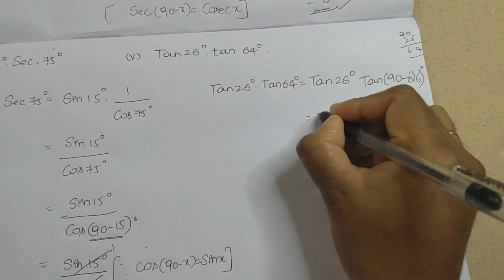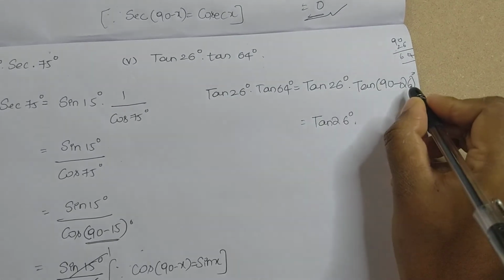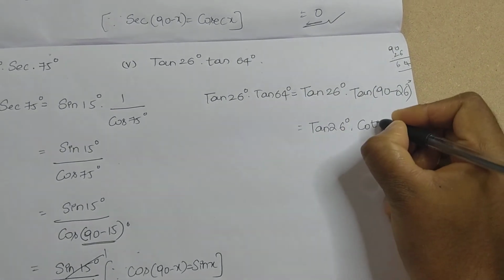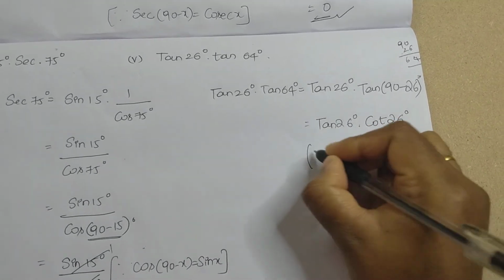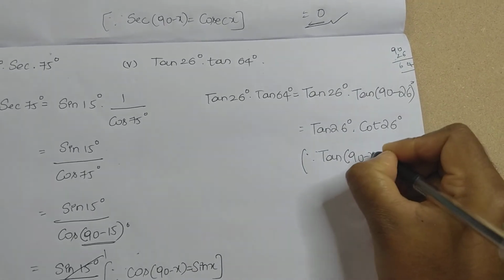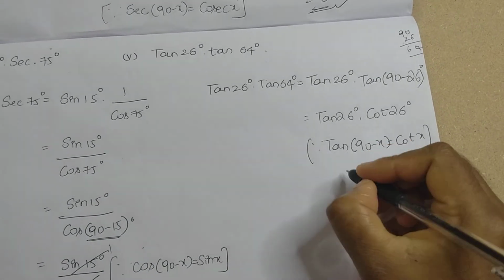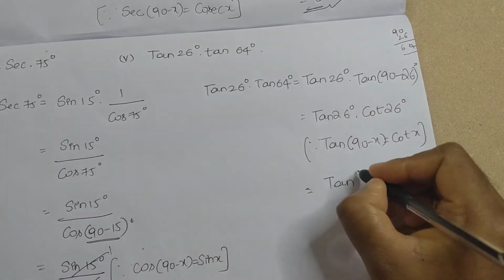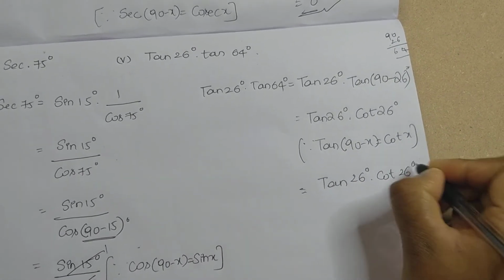Okay. So tan 26 into tan of 90 minus x can be written as cot x. Correct? Cot x. Write it here in brackets, since tan of 90 minus x equals cot x. Clear? So that is equal to, what did we get? Same step, here I am writing tan 26 degrees into cot 26 degrees.